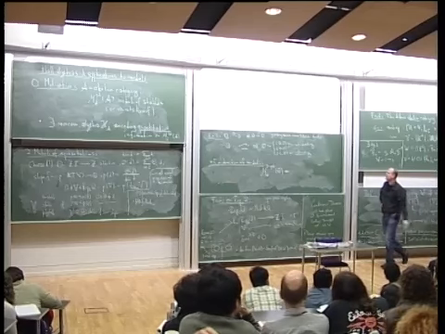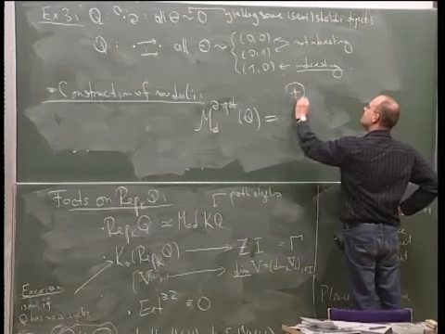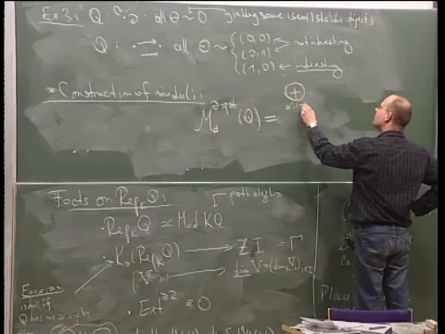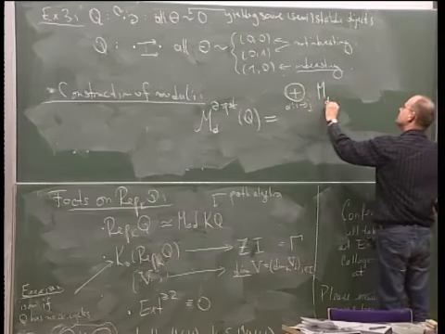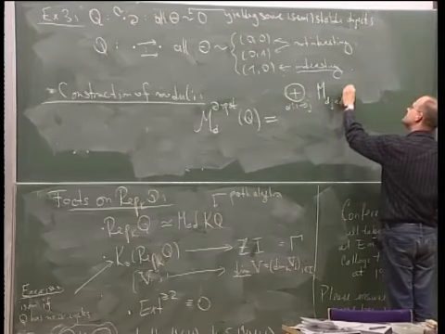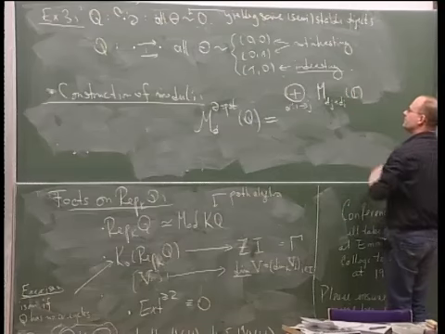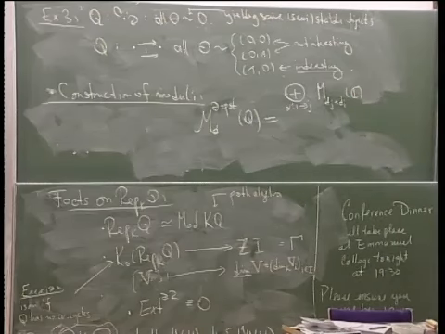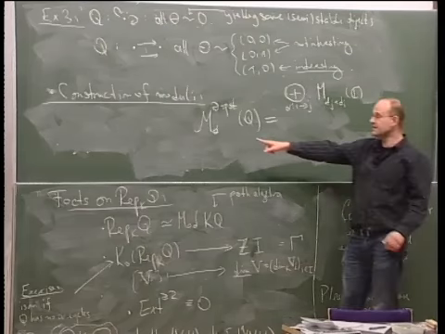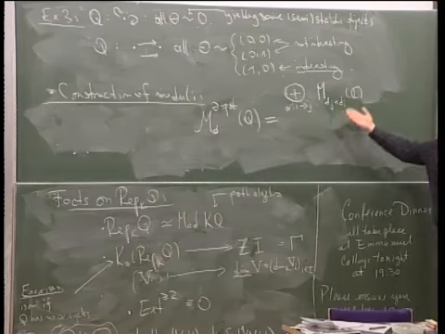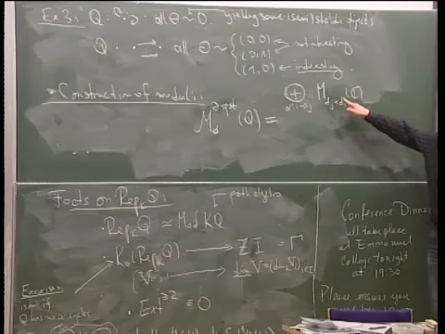So let's take the direct sum over all arrows of the space of d_i cross d_j matrices, now of the complex numbers. That's the parameter space for all the quiver representations of dimension vector D, because the vector spaces can be assumed to be C to the d_i. So a point in here is just a quiver representation.